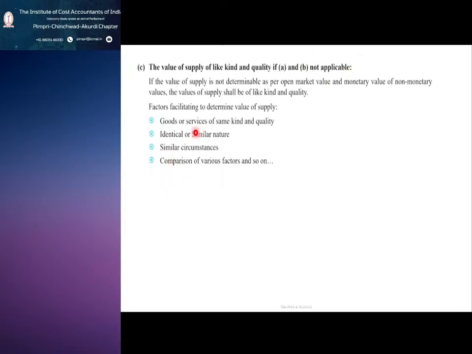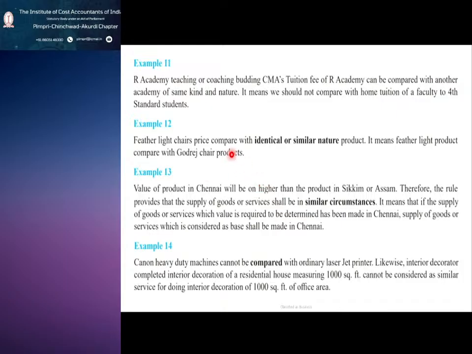The goods or services of the same kind and quality, identical or similar nature, similar circumstances, comparison of various factors and so on. One more example: feather light chairs, price compared with an identical or similar nature product.